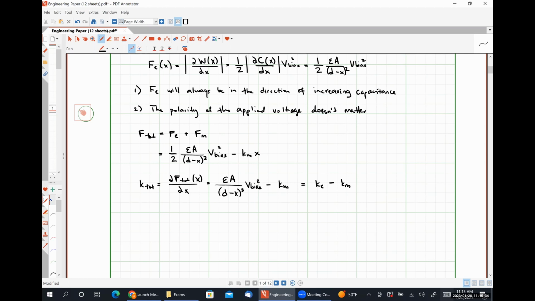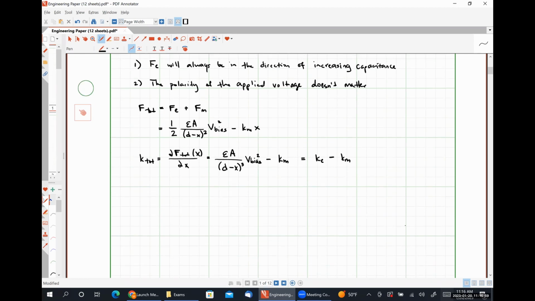So we're going to define our pull-in point as the point at which our electrostatic and mechanical spring forces completely cancel each other out. So effectively our total spring constant will be 0, or our total force will be 0, would be a better way to put it.